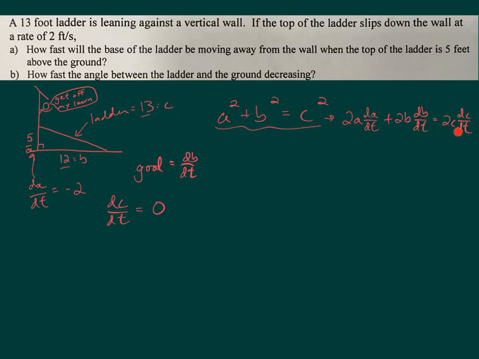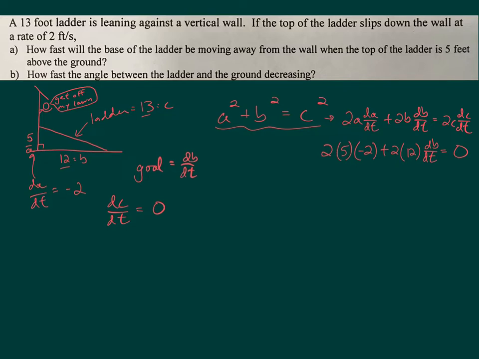And this entire right side of the equation becomes 0 because dC/dt, as we just mentioned, is 0. But we can go ahead and substitute everything else in for all these other pieces, and the equation will look something like this. And then all you have to do is solve for dB/dt, as that is our goal.